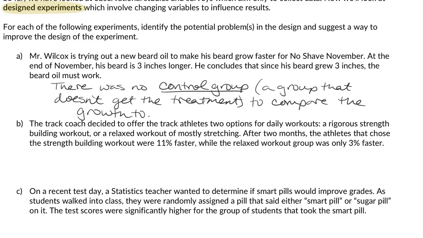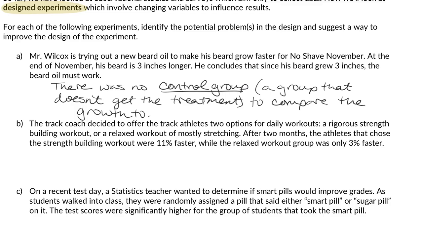We could also try a month where we use a minimal amount of oil versus the recommended amount of oil to see if the level of oil used has a cause and effect relationship. But if we're just saying this works, we had no reason to determine that it wasn't just that he got a good month of hair growing. So we need to look for controls or multiple levels of treatments.